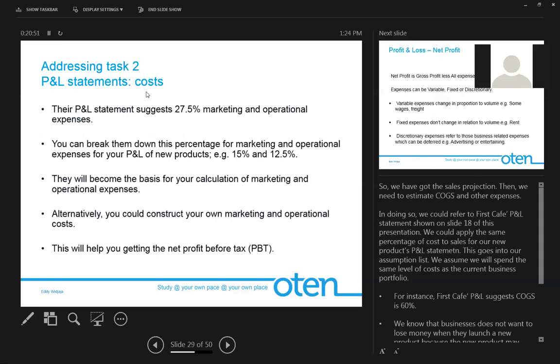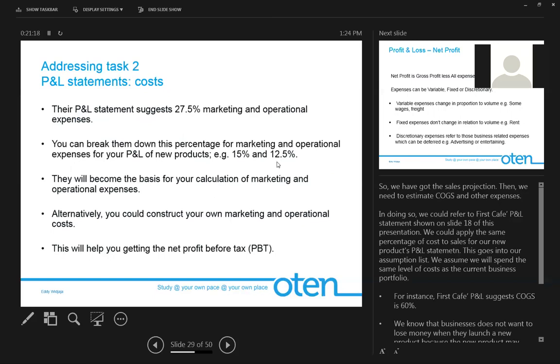Now let's look at the other costs. The profit and loss statement suggests 27.5% marketing and operational expenses. You can break down this percentage for marketing and operational expenses for your profit and loss of the new product. For instance, marketing would be 15% and operational expenses would be 12.5%. That is one approach to address this assessment task.